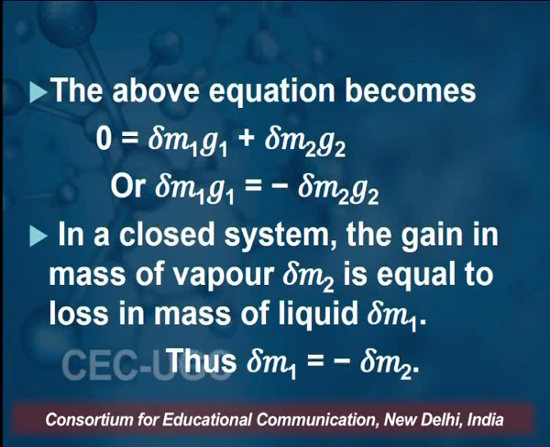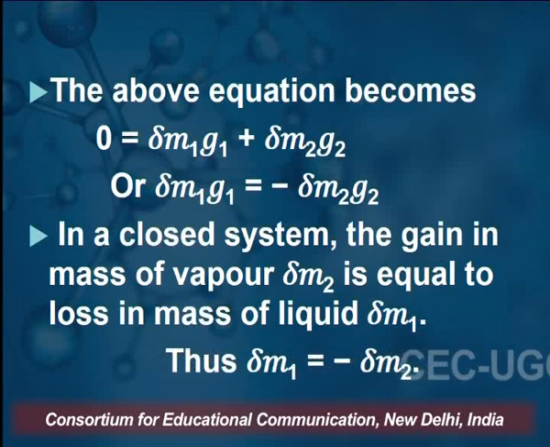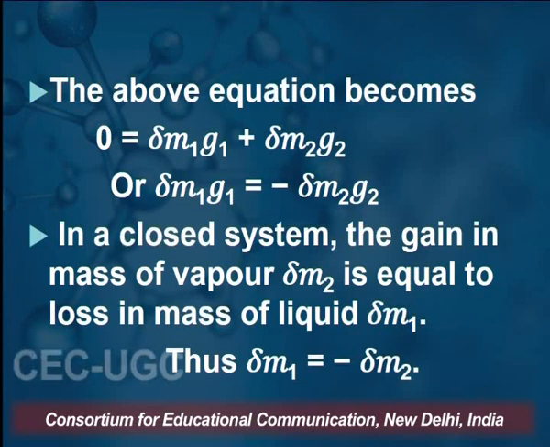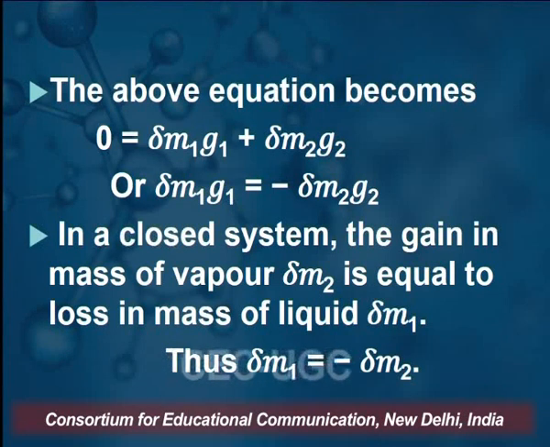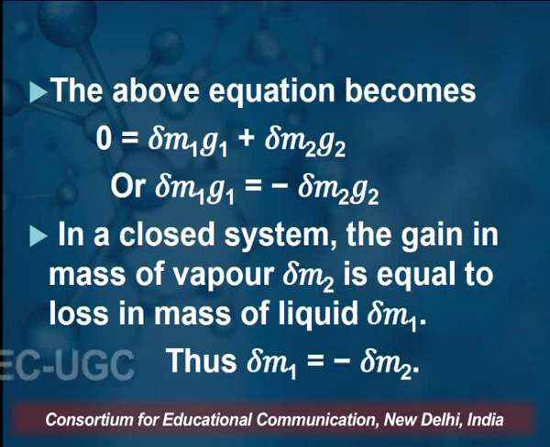The above equation would then become 0 is equal to delta m1 g1 plus delta m2 g2, or delta m1 g1 is equal to minus delta m2 g2. In a closed system, the gain in the mass of vapor, delta m2, will be equal to the loss in the mass of liquid, delta m1. Why?